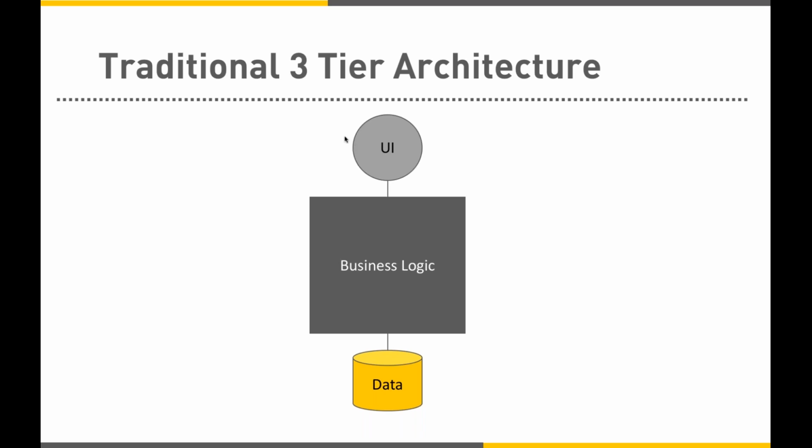So the UI is basically the browser. The business logic is where you'll write your J2EE or .NET or even PHP applications, and the data would contain your typical Oracle, SQL Server, or DB2 database. J2EE made this a very popular design pattern.